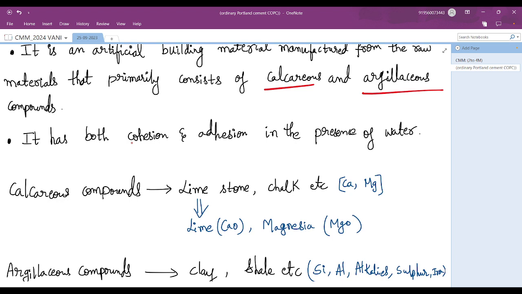If the attractive force is between the same molecules, it is cohesion. If it is between different molecules, it is adhesion. For example, pasting a sticker to a wall is adhesion. The adhesives available in the market, like Fevistick and Fevikwik, develop an attractive force between two different surfaces.